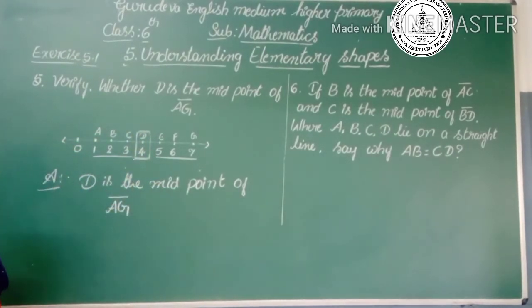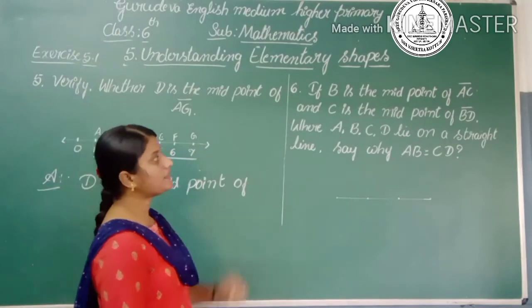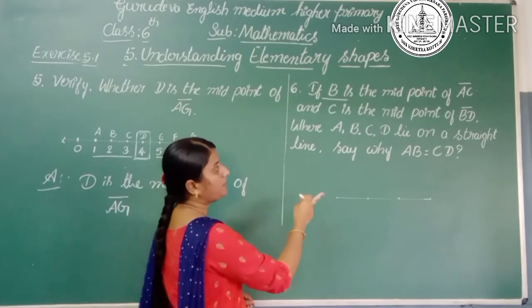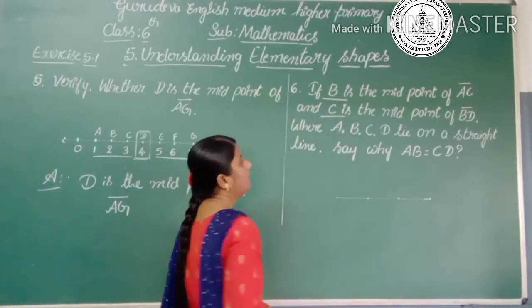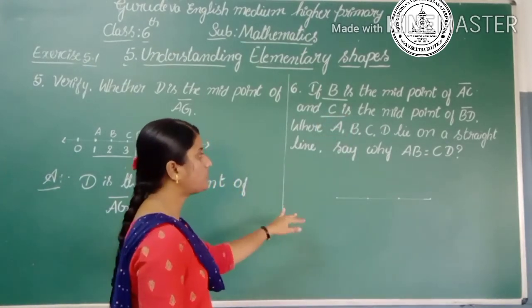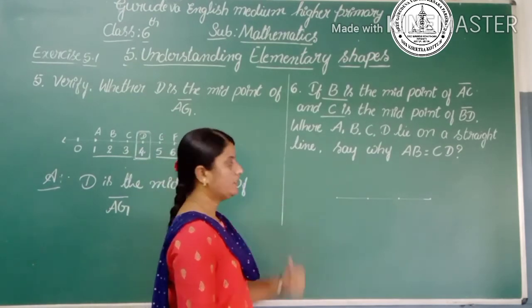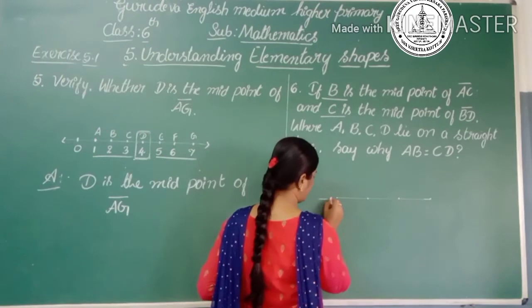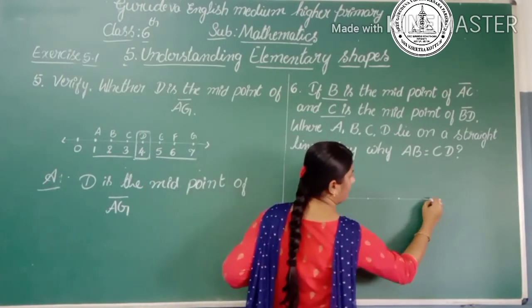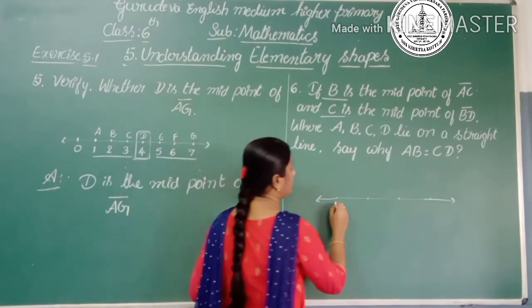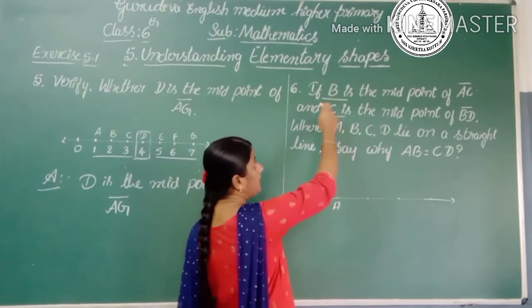Okay? Yes. Then the sixth question is, if B is the midpoint of AC and C is the midpoint of BD, when A, B, C, D lie on a straight line, say why AB is equal to CD. Yes, here it is a straight line. First, for AC, B is the midpoint.